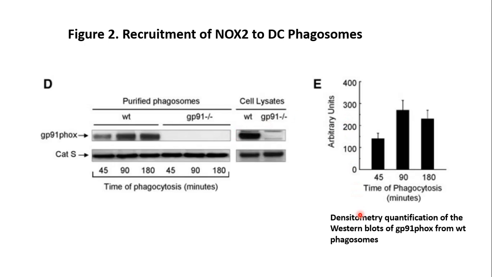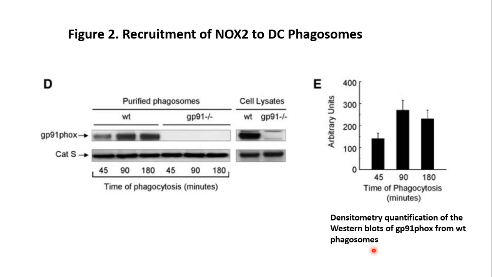And they did a densitometry quantification of the western blots of gp91phox from wild type phagosomes, showing that membrane components of NOX2 are effectively and rapidly recruited to DC phagosomes.